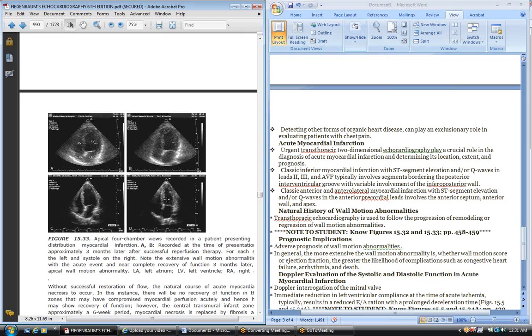So this is an echo that's actually done 3 months after a person presented with a myocardial infarction. You'll notice how things have cleaned up, much nicer looking, not dilated any longer, much nicer geometry to the LV.